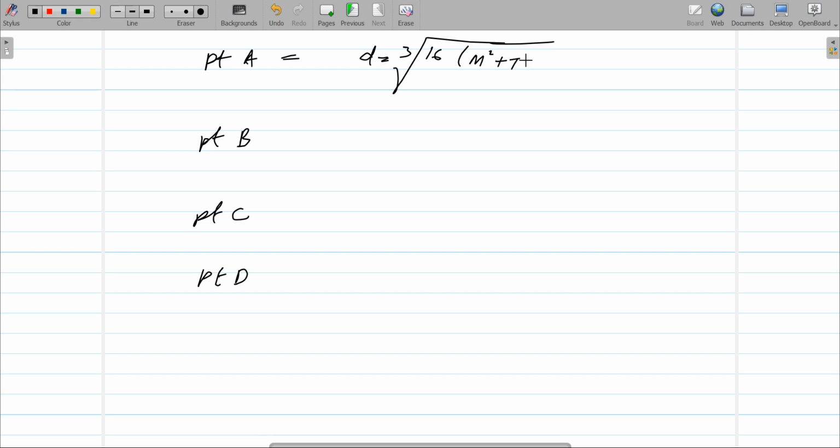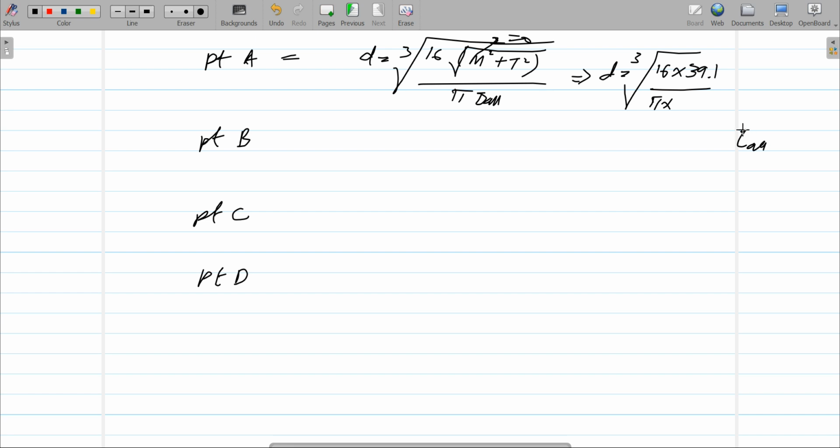So we have point A, point B, point C, and point D. At point A, we know the bending moment is 0. So we use the generic relation that we developed before: 16 into the square root of moment squared plus torque squared, divided by pi tau allowable. Here the moment equals 0, so the diameter equals the cube root of 16 into the torque, 39.1, because only torque is applied at this point, divided by pi into tau allowable.